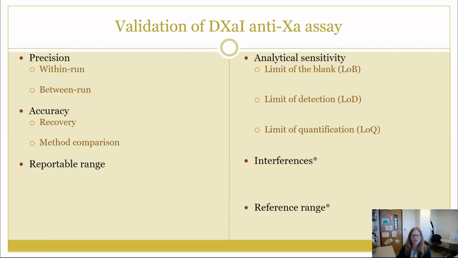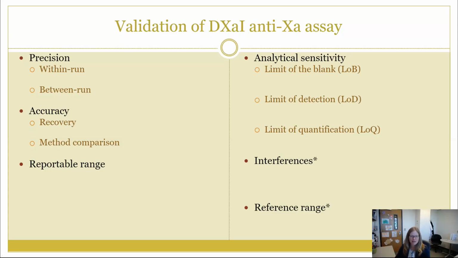So how did we approach this validation of a laboratory developed test for rivaroxaban and apixaban? Again, same reagent as we use for our heparin and enoxaparin assay, just calibrated with rivaroxaban or apixaban calibrators. But we evaluated precision both within run and between run. Accuracy, we looked at the recovery of calibrators made by a different vendor that had values that were assigned by liquid chromatography tandem mass spectrometry.